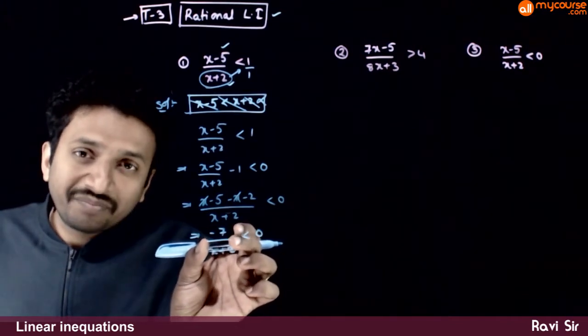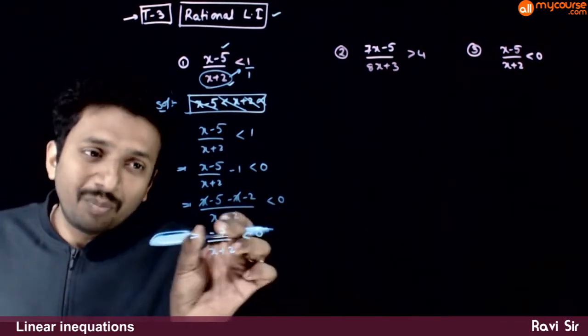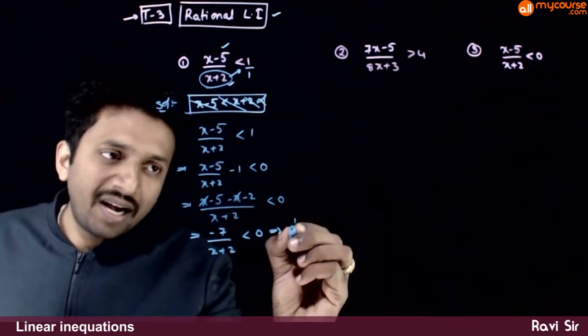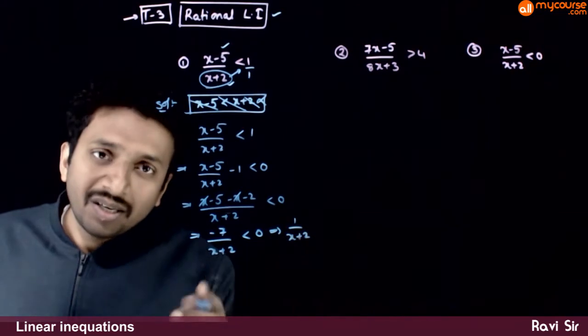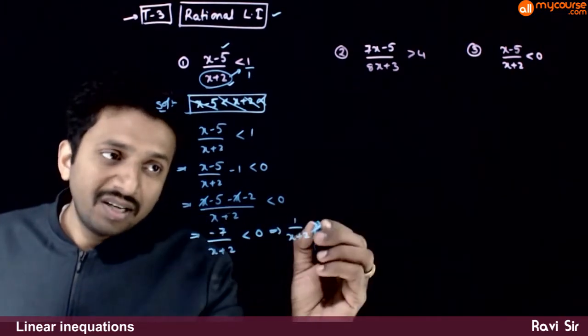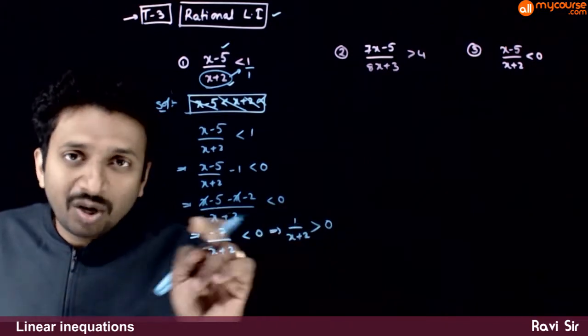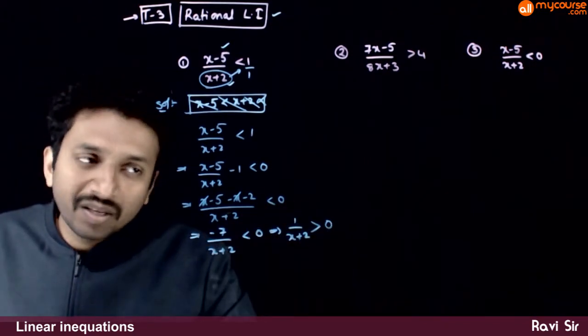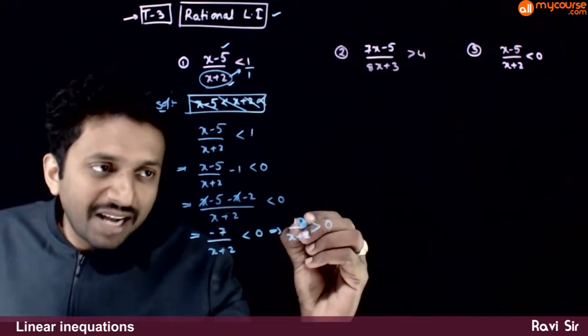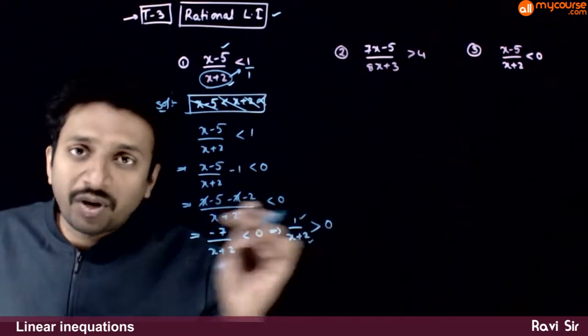So if I divide both sides by minus 7, I get 1 by x plus 2. I am dividing with a negative number, so the sign of inequality reverses: greater than 0, because 0 by minus 7 is also equal to 0. So 1 by x plus 2 is greater than 0. You have a fraction, numerator by denominator is positive.